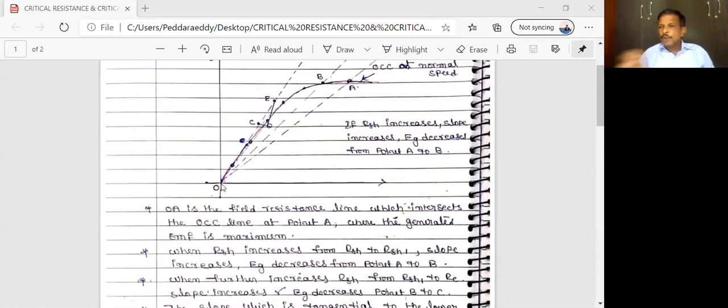That is why no EMF is induced when we increase the resistance more than RC. If you increase the value beyond RC, the EMF induced is 0.